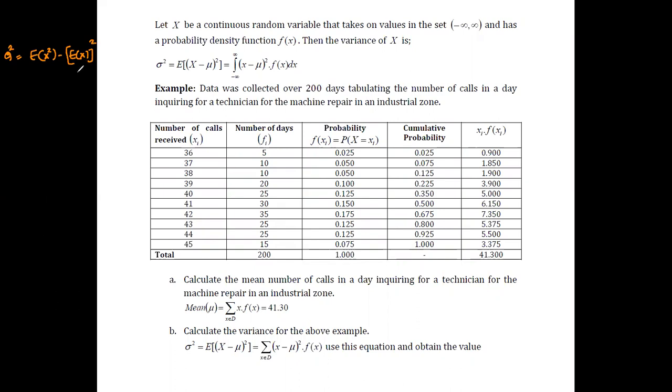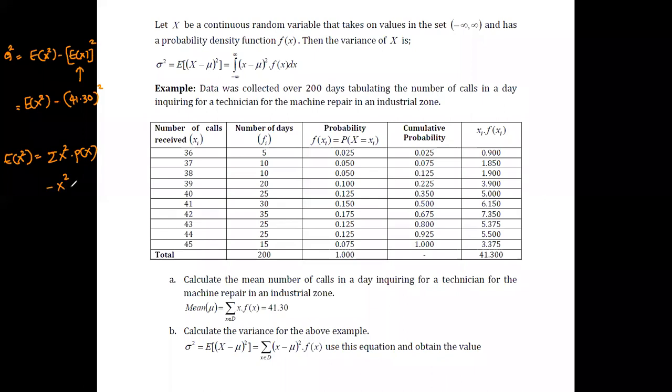So far you have identified this E(X) as 41.3, and now you can consider its squared term, and then you have to consider this E(X squared) term. But you know that E(X squared) is given as the summation of x squared times p(x), or x squared times f(x). Then we need to calculate this quantity.